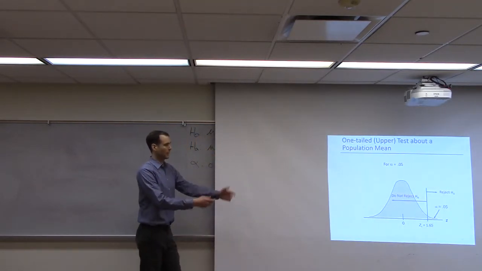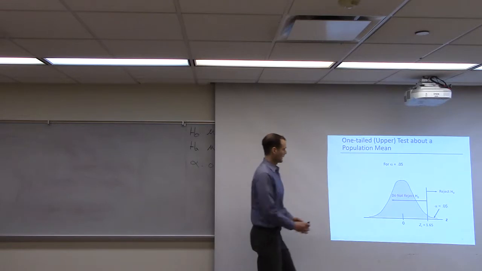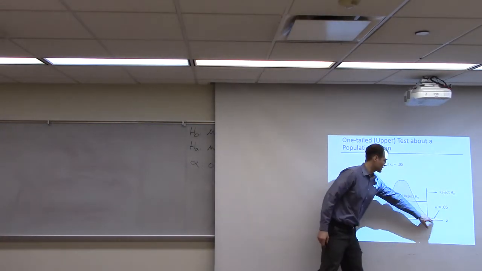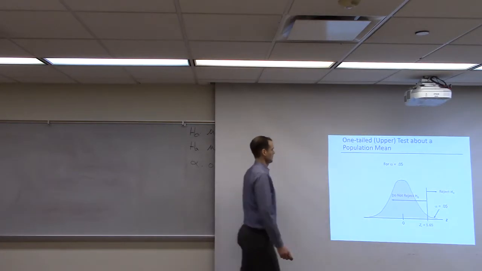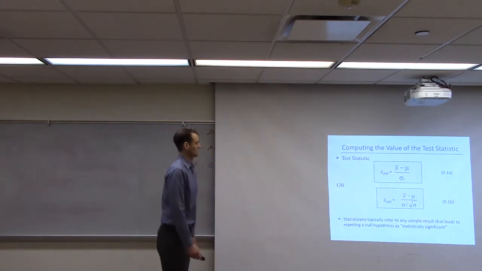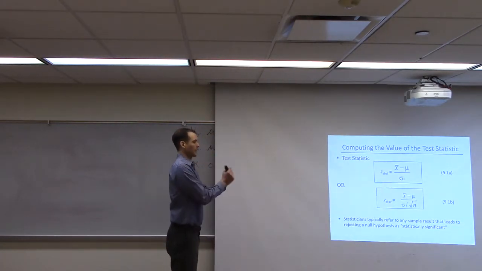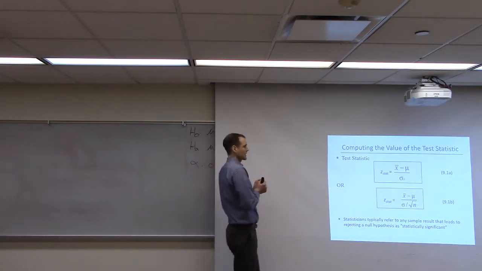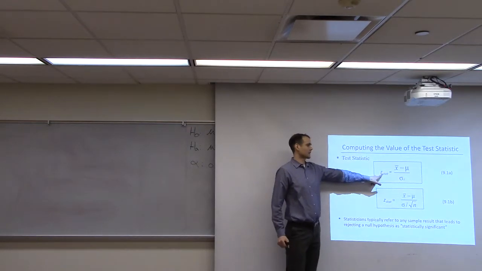We could do the same thing if we're an upper tail test. If you tell me that the mean is lower than some certain amount, then my rejection region is going to be up here. I'm going to go out, I'm going to get some sample data, and I'm going to assign that sample a z statistic.